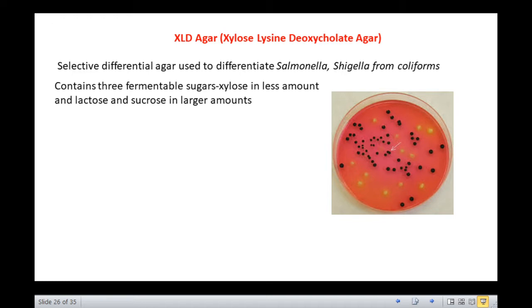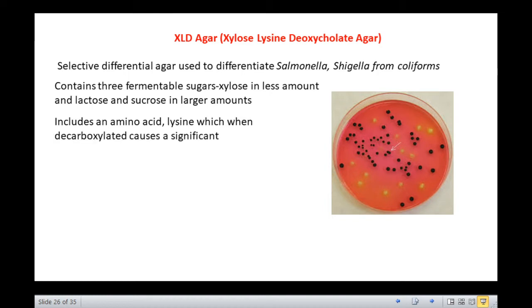Apart from this, it also includes an amino acid, lysine, which when decarboxylated causes a significant alkaline reaction. The pH of the medium initially is 7.4 and the indicator used is phenol red, and hence the medium is pink red color initially.